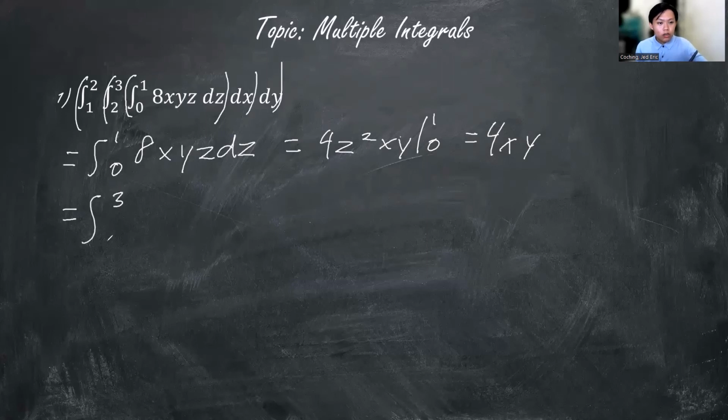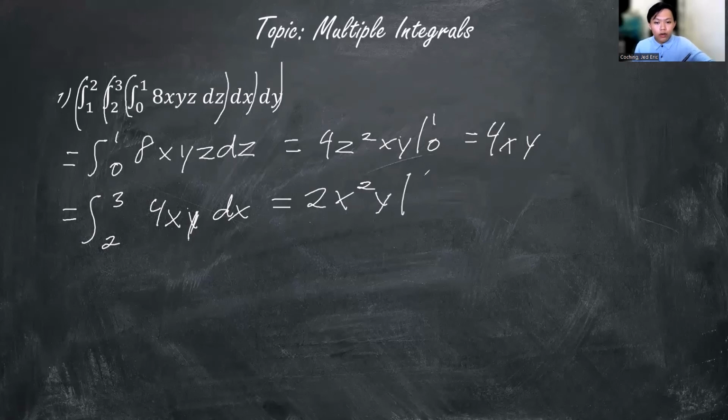So 3 to 2, 4xy over dx. The same will apply. So this is going to be 2x squared y, with limits 3 and 2.